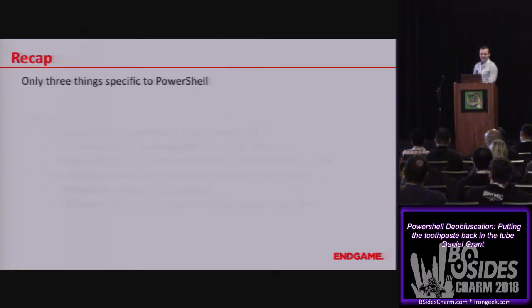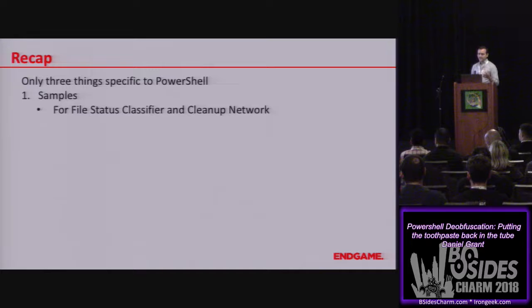Fun. And back to one of my original points, since I said I like to work with ambiguity and uncertainty for the sake of generalization, only 3 things here are specific to PowerShell. 1, the samples. For the file status classifier and for the cleanup network, if you're going to do this in another language, you're going to need samples in that language.